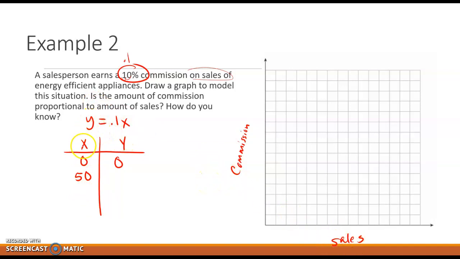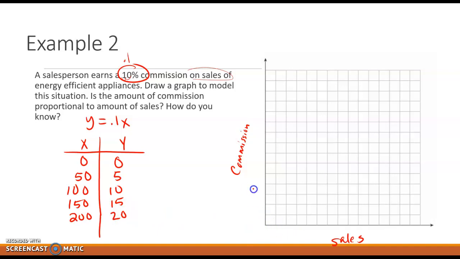So if I sell $50 worth of energy efficient appliances, then I earn $5. If I sell 100, then I earn 10. If I sell 150, I earn 15. If I sell 200, I earn 20, right? So we kind of get an idea of how this works.